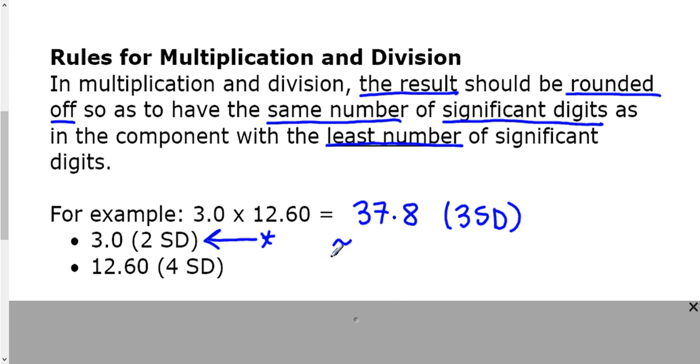So we're going to approximate this number. We're going to keep the 3 here, but then we have to decide. This is going to be our second digit here. Are we going to round the 7 up to 8 or keep it as a 7? This decides on the number that's furthest to the right. Since this is above 5, then we're going to round it up. So this is going to be approximately 38. This has 2 significant digits.